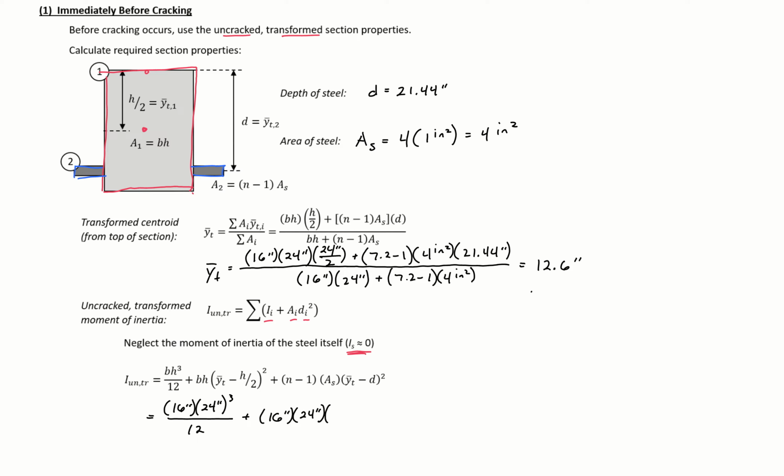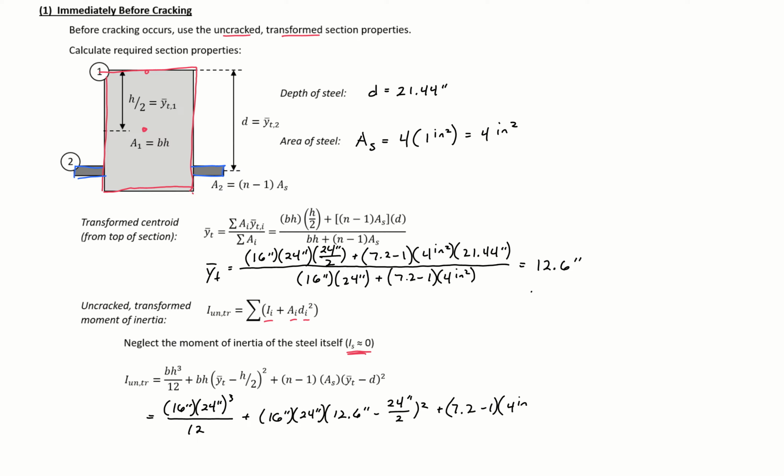So the centroid of our overall section, 12.6 inches minus 24 over 2, and all this squared, plus 7.2 minus 1 times 4.